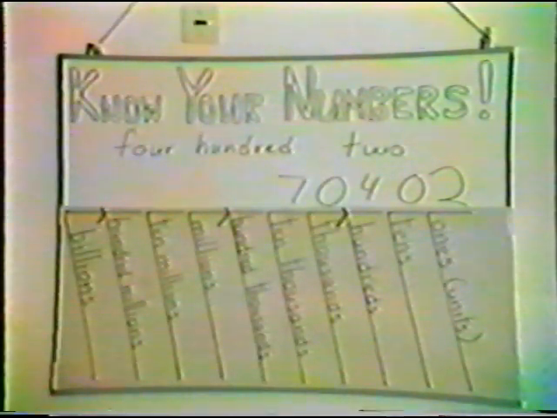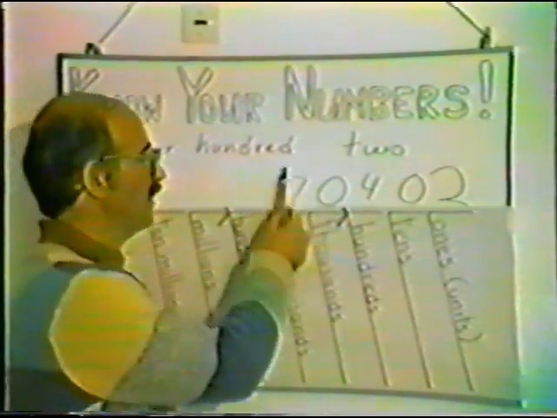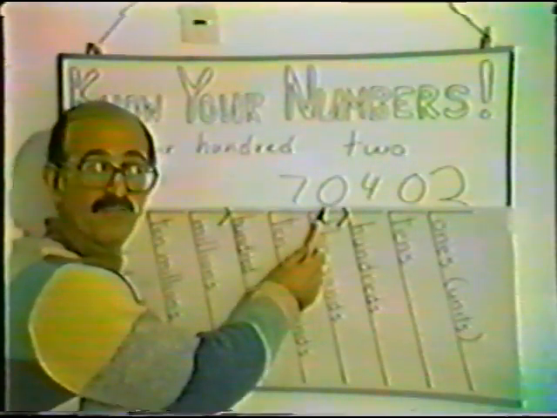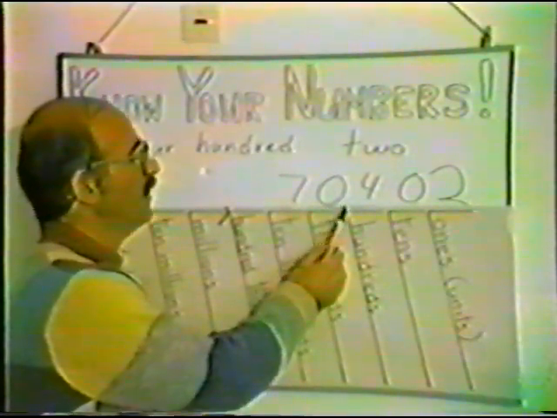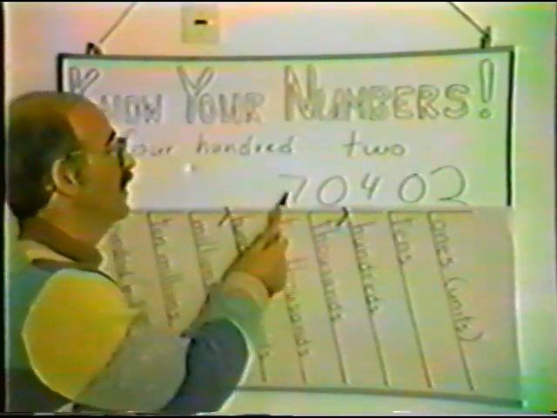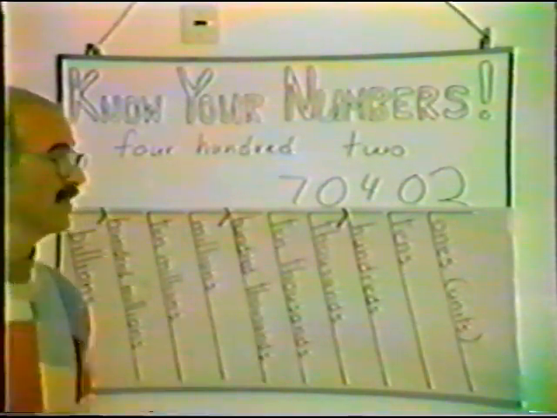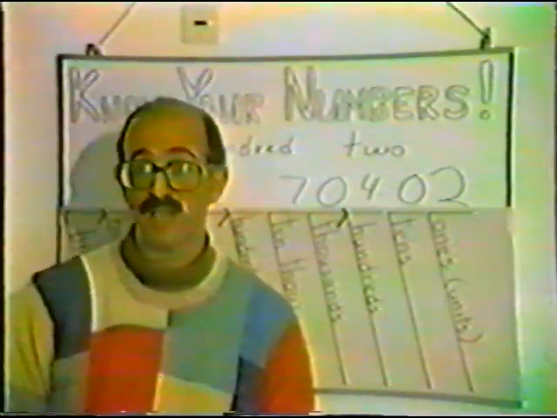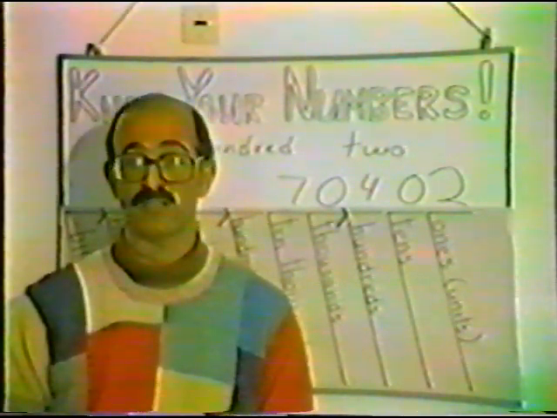What number is that? 70,402. Yes, you see the number 70 right before the thousand comma. So you read 70,402. The 7 is in the 10,000 place because 70,000 means 7 10,000s.